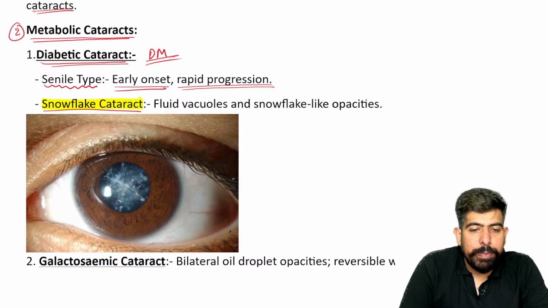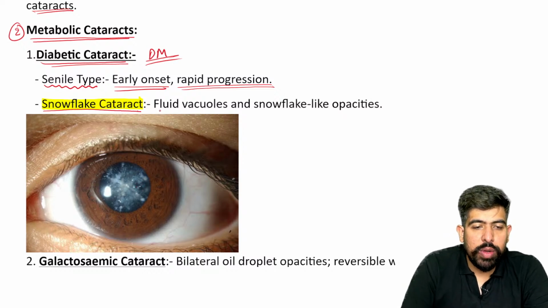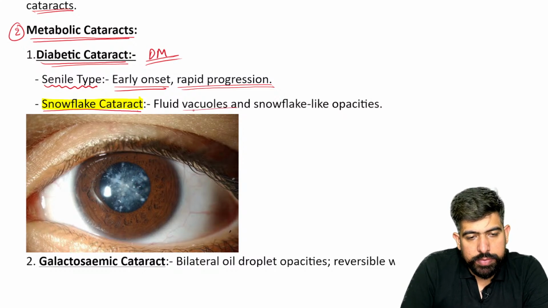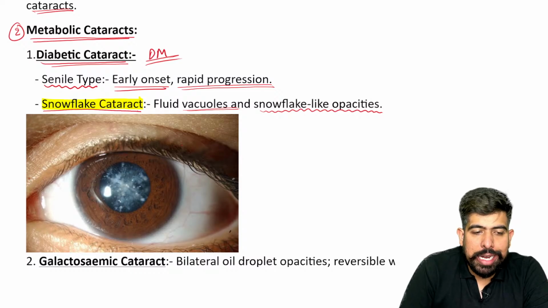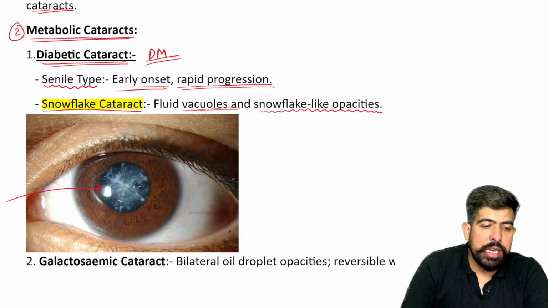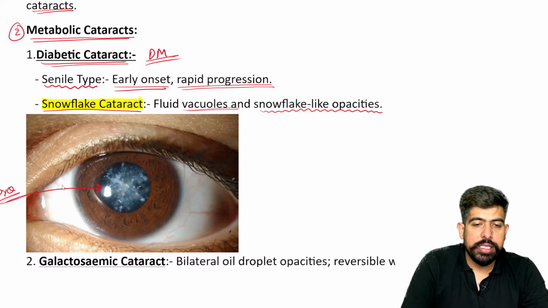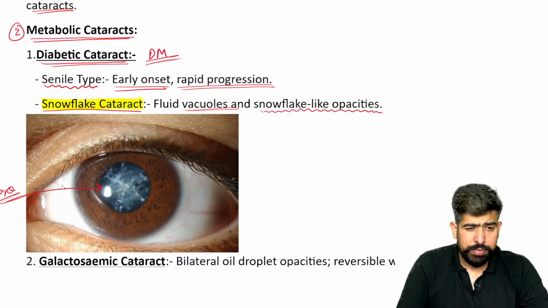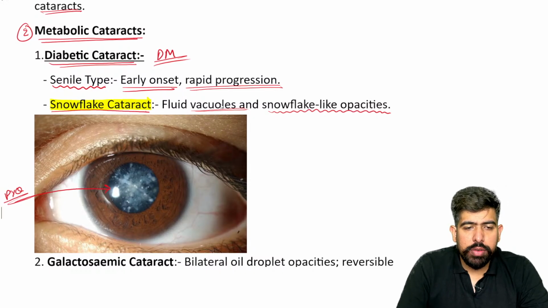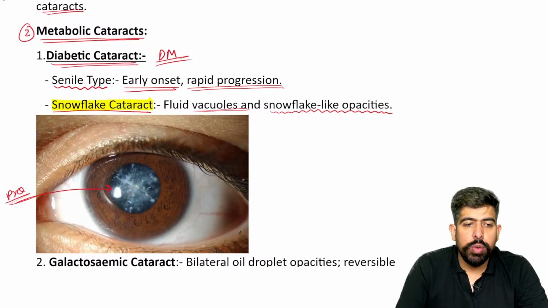Snowflake cataract. And please remember, this snowflake is the fluid vacuoles which are seen like snowflakes. And this is the image which was previously asked in the exam. So it is a PYQ: which type of cataract is it, and due to which metabolic condition is it seen?